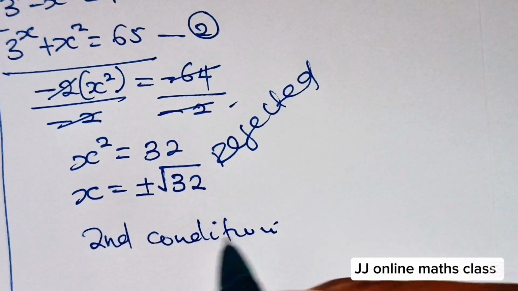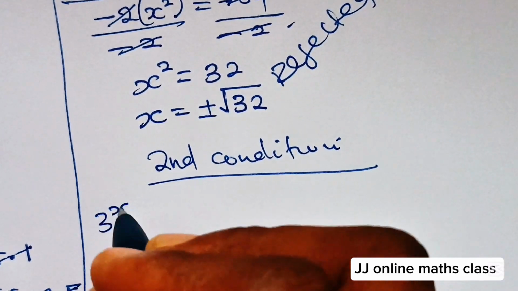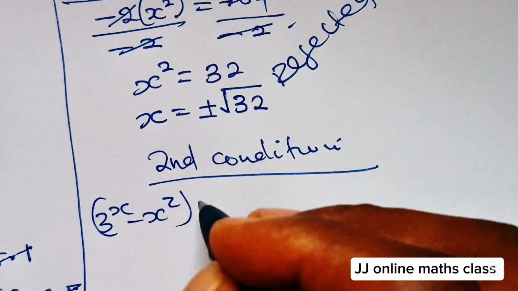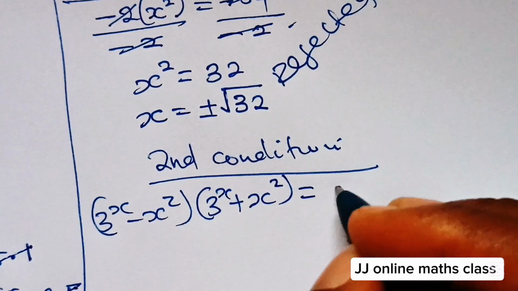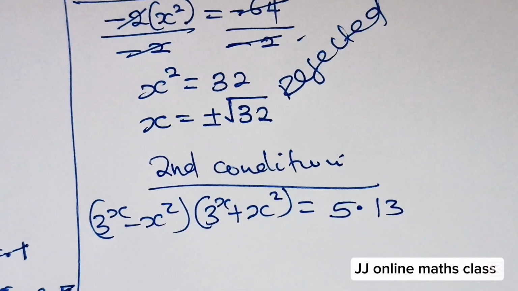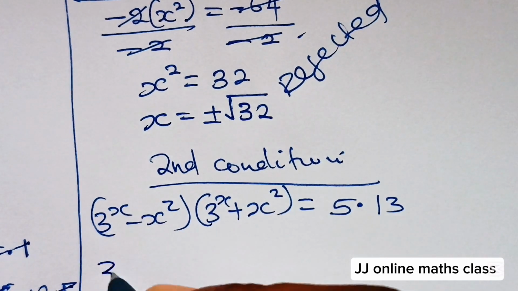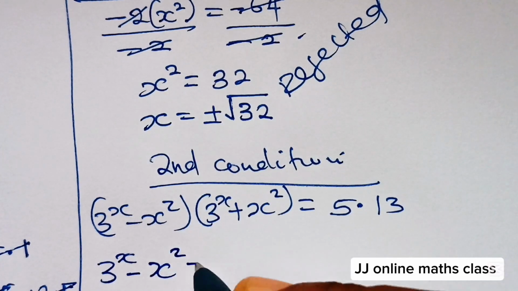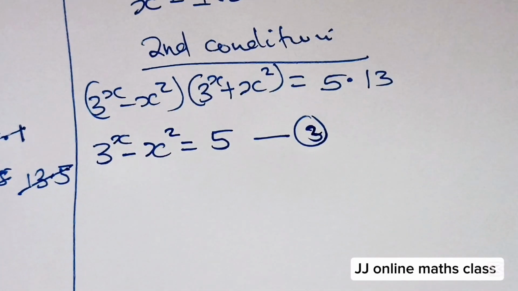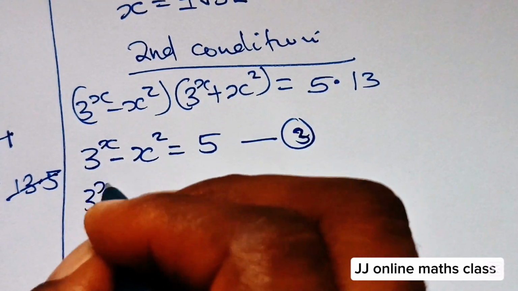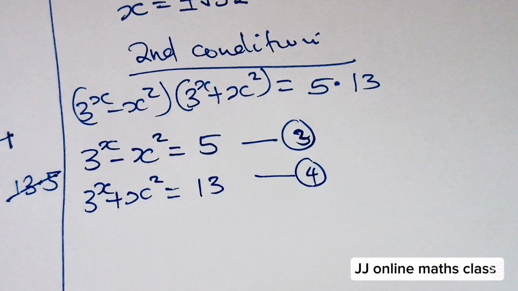The second condition here is that we can write 3 to the power of x minus x squared multiplied by 3 to the power of x plus x squared is equal to 5 multiplied by 13. That means we can say 3 to the power of x minus x squared is equal to 5. Call this equation 3. And 3 to the power of x plus x squared is equal to 13. Let's call this equation 4.